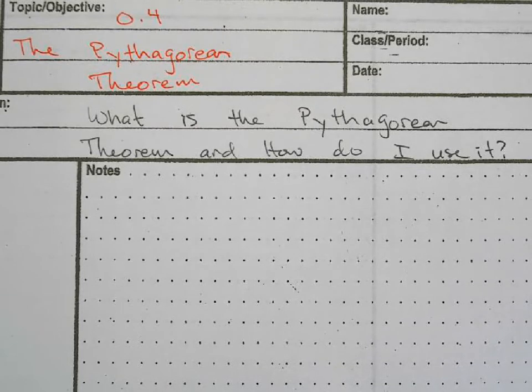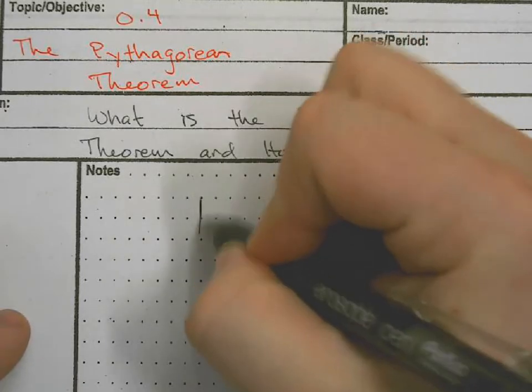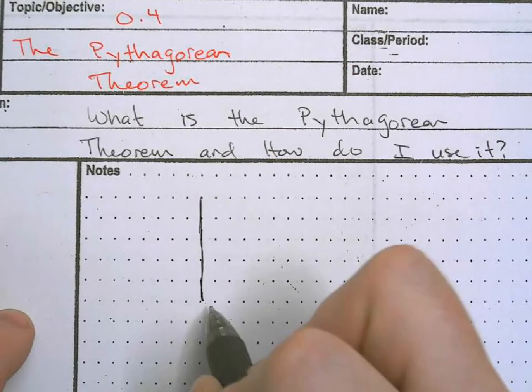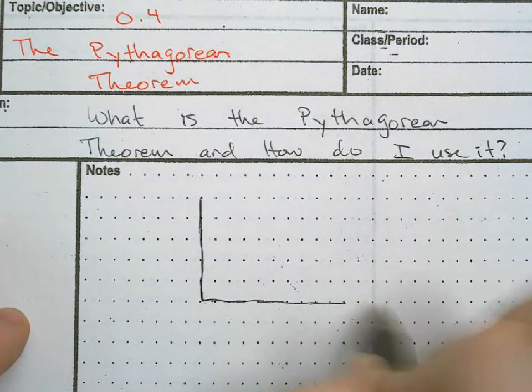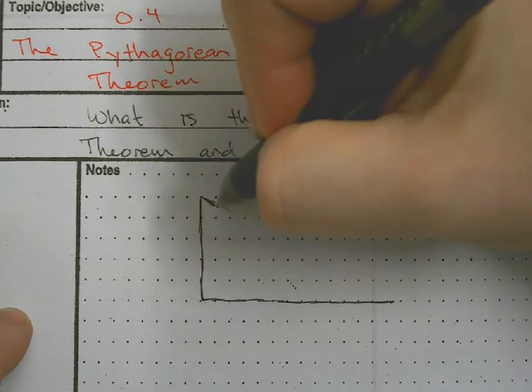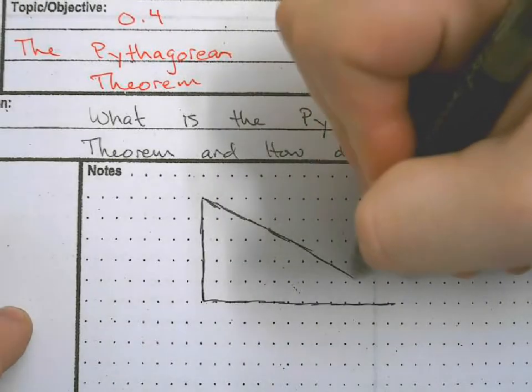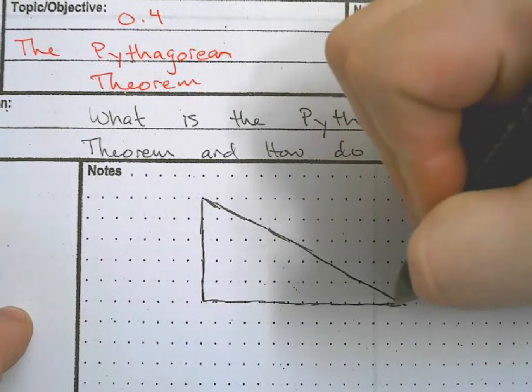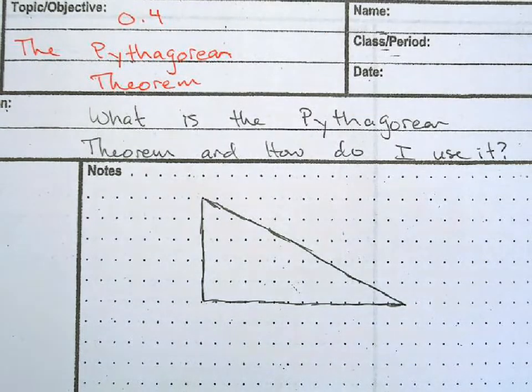So before we can dive into the Pythagorean Theorem, we have to know the basic parts of a right triangle. So I'm going to draw a triangle, a right triangle. Like so.